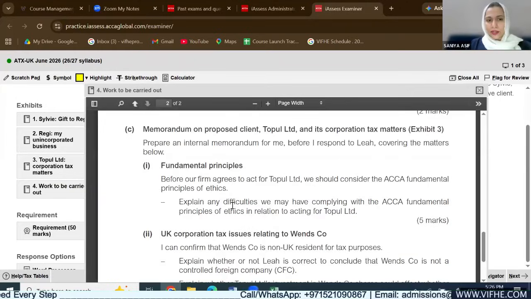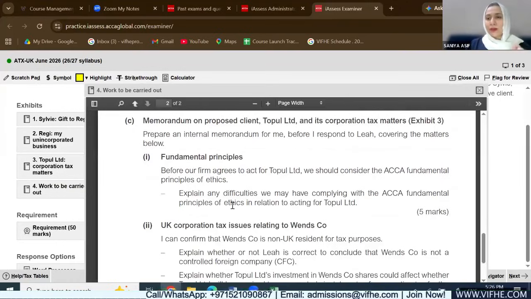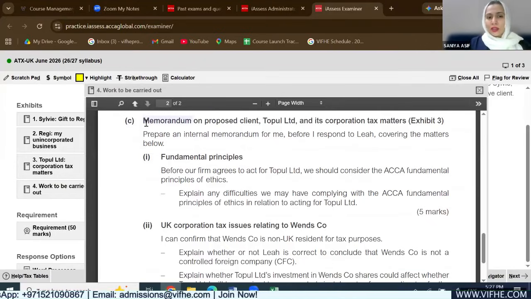Yesterday we discussed till requirement B. Now we will deal with the ethical concerns that you need to lay out with respect to any information covered in the question. It's requirement C. Requirement C1 says that we need to make a memorandum on the proposed client Topple Limited and its corporation tax matters, for which Exhibit 3 is important.